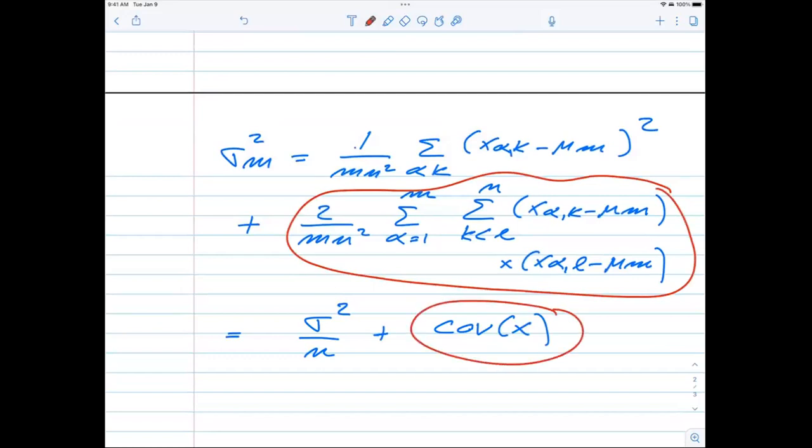So the covariance, as you can also see from these quantities, is going to be a quantity which is larger than or equal to 0. And that means that if we leave this type of correlations between the measurements out, then what we are going to get is an over-optimistic determination of the variance.